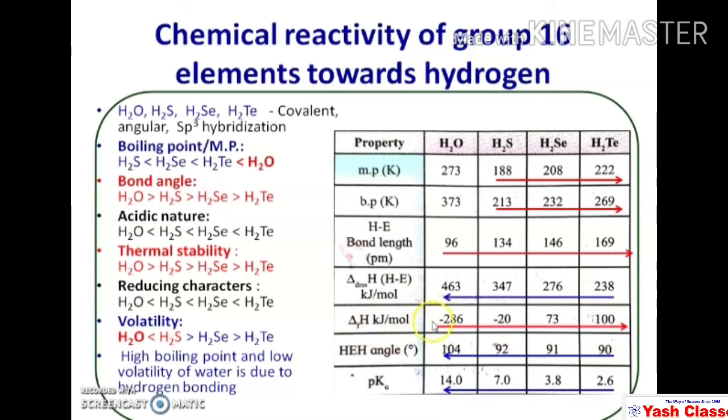So bond formation energy, positive value, increases from water to hydrogen telluride. From the examination point of view, there is no need to remember this data or all these numbers, just remember these trends, and no need to mug up this table directly.